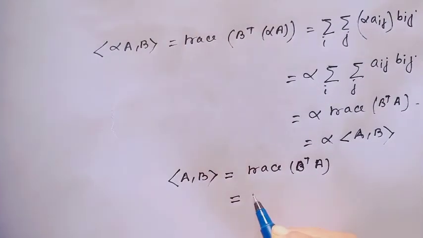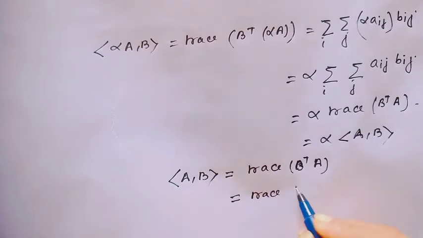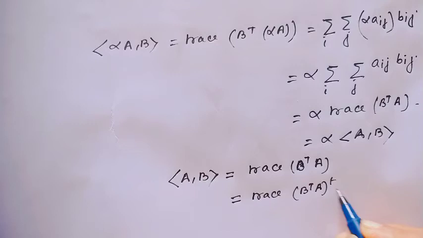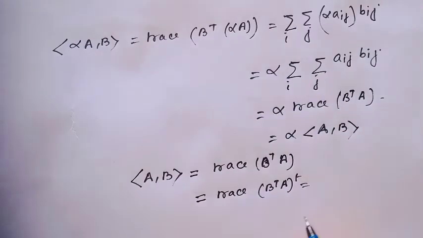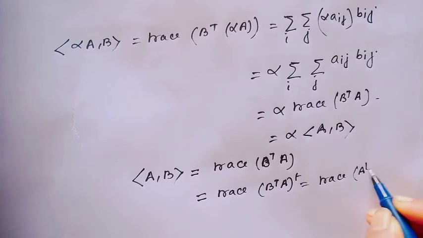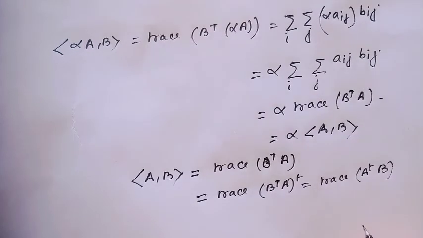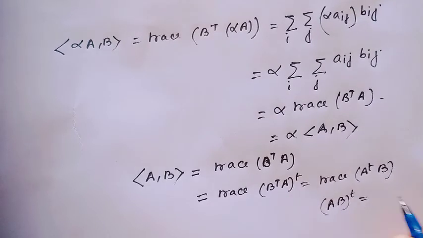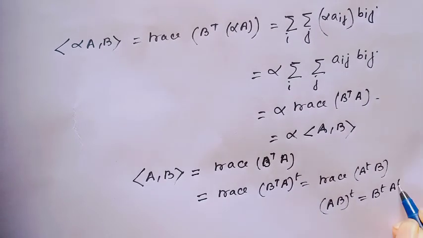Now, if we apply transpose again, B transpose A transpose, this is obviously equal to trace of A transpose B, because all of us know (AB) transpose is equal to B transpose A transpose.